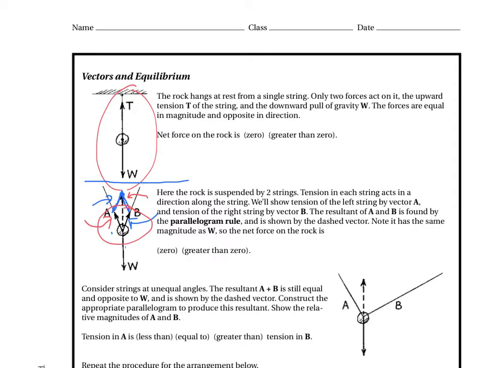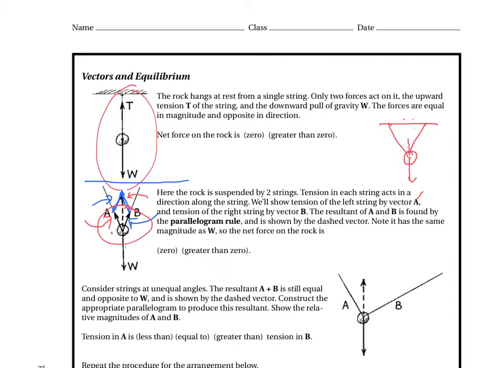So let me do a quick sketch over here to kind of illustrate this a little more. So we have our weight going down. We need a force going straight up to counteract that. Oh, that's not centered very well. Let's try that again. So we have our weight going down.